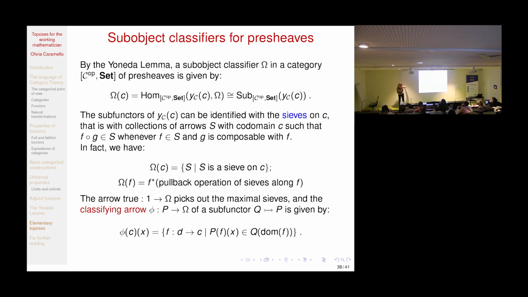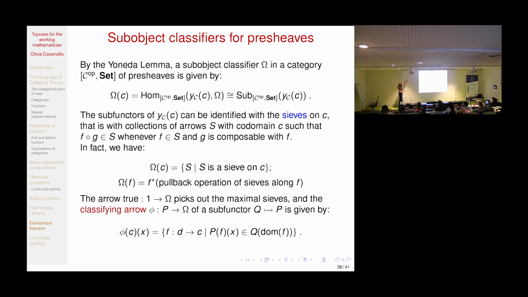But it should be a subfunctor, so if I go from D to E by means of an arrow G, I should get a restriction of the action of the home functor to the subfunctor. So that's the condition.